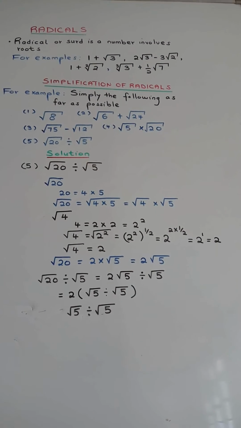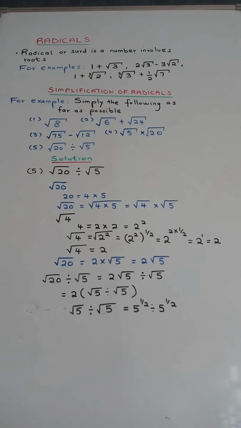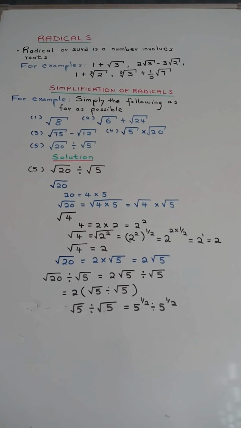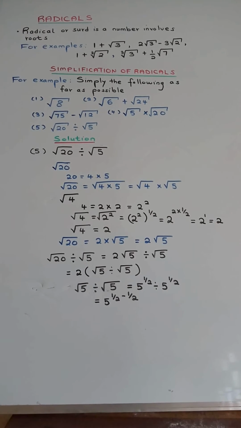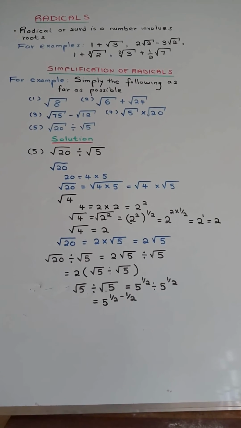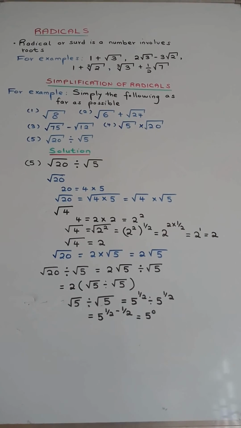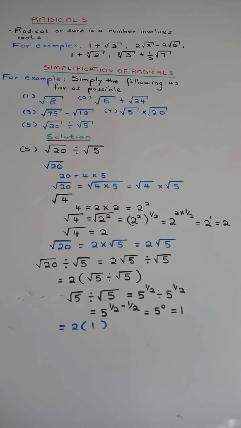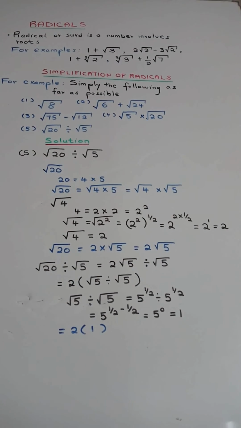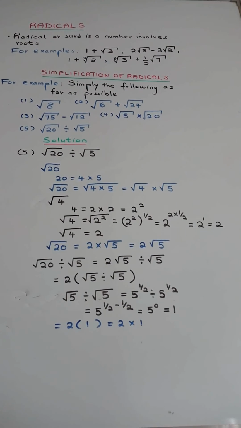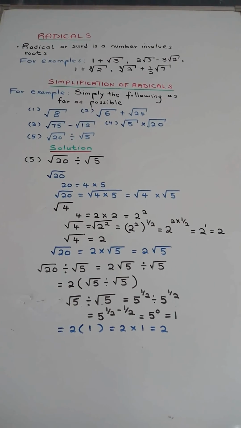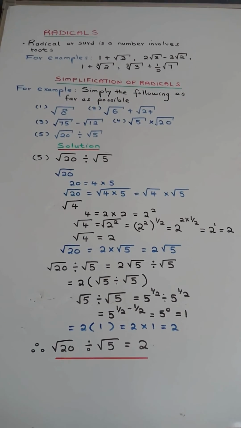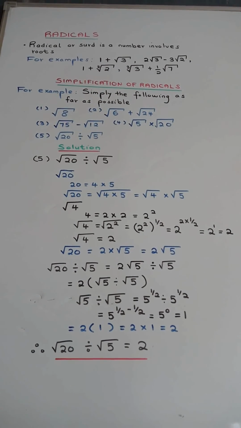Radical 5 divided by radical 5 is equal to 5 raised to a half divided by 5 raised to a half, which is equal to 5 raised to a half minus a half, which is equal to 5 raised to 0, which is equal to 1. So it is equal to 2 brackets 1, which is equal to 2 times 1, which is equal to 2. Therefore, radical 20 divided by radical 5 is equal to 2.